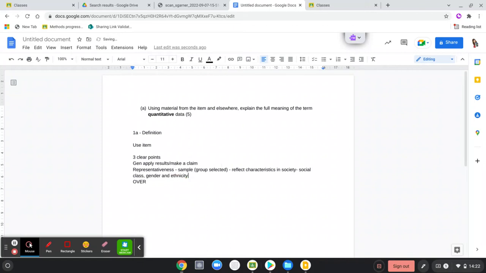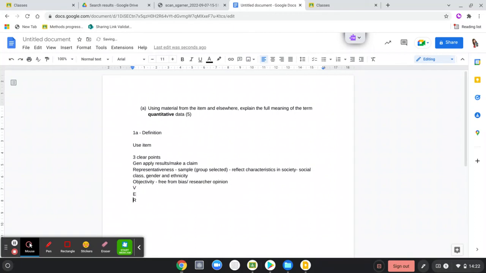Okay. Does the group represent? The O is objectivity. Is the research free from bias or the researcher's opinion in both the results and questions?